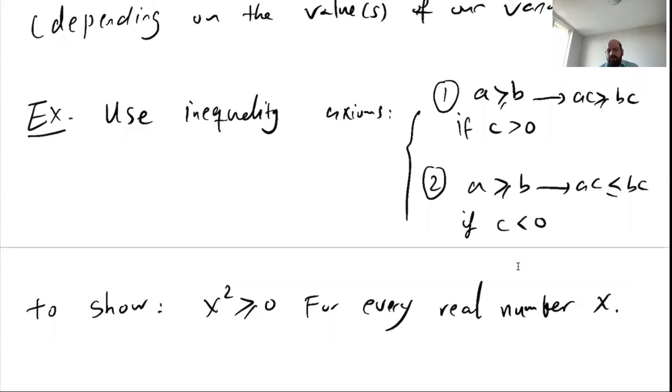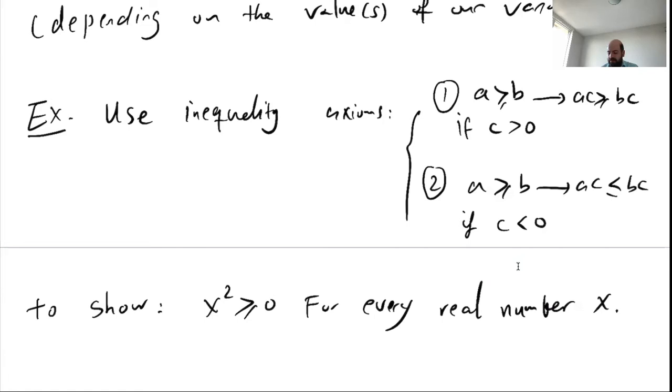So in mathematics, we know that we have to prove all the statements except axioms. Axioms are a very few facts that we accept without proof based on our intuition, and then we prove everything else using them. Now, for inequalities, we can accept these two as axioms: if you have an inequality, you can multiply both sides with a positive number and the inequality remains the same.